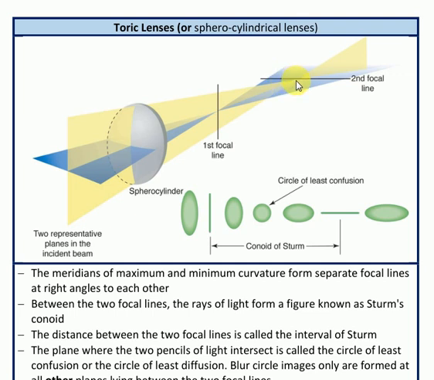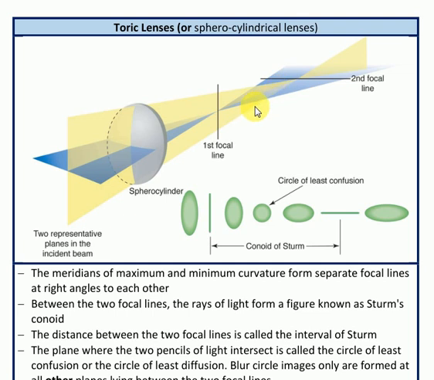Between these two line foci, as you see, the rays of light form a figure known as the conoid of Sturm. This is known as the conoid of Sturm after the mathematician Sturm, who described it in 1838. The distance between these two line foci is called the interval of Sturm.